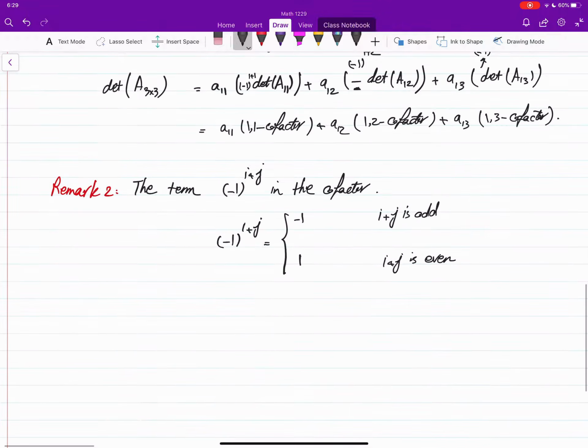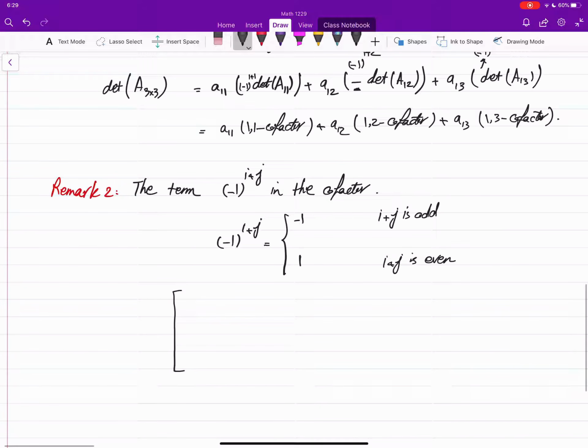Sometimes, instead of doing that, if you go one by one, for entry 1,1 you always get a plus sign. -1 to the power 1 plus 1 is -1 to the power 2, which is plus. Then the second one is minus, then plus, then minus, and this goes on.